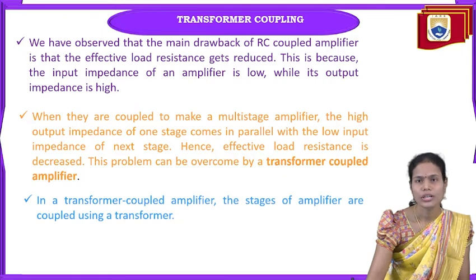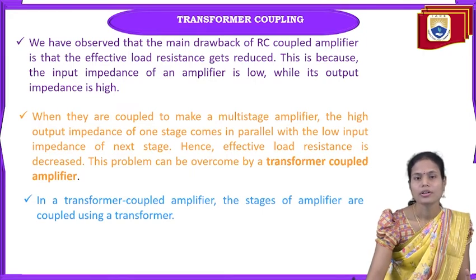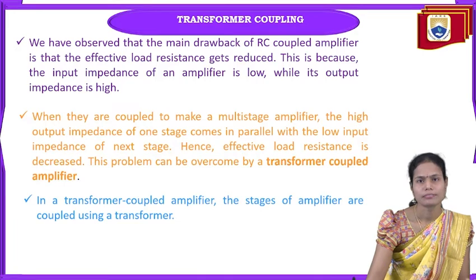So in order to overcome this, we are utilizing the transformer instead of resistor and capacitor components here. Suppose we use the RC coupled amplifier to make the multi-stage amplifier by using the RC coupling with low impedance, the output impedance of the stage comes parallel with the input impedance of the next stage.